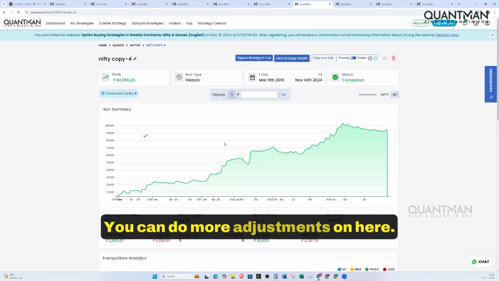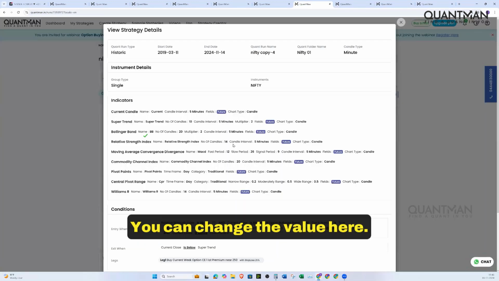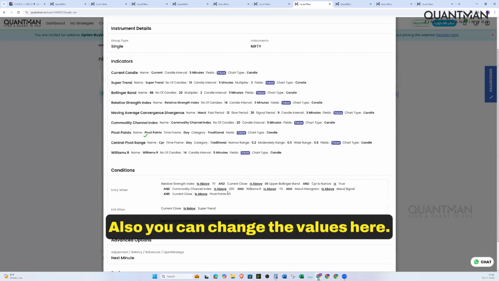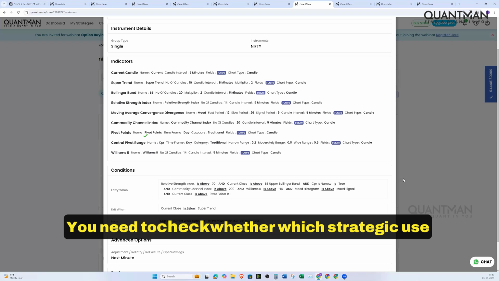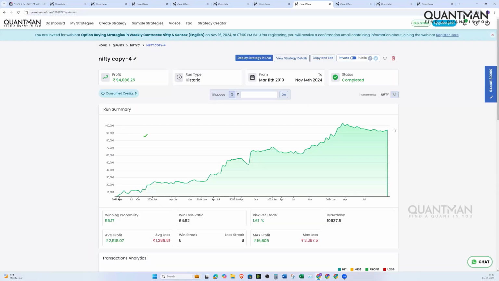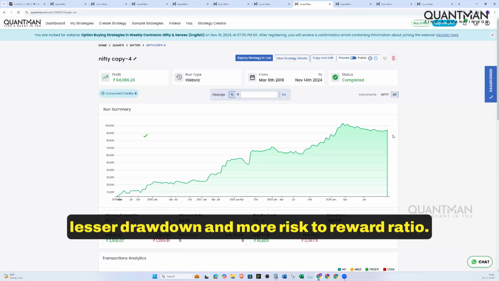You can do more adjustments here. You can change the value here. You can change the time frame here. Also, you can change the values here. So likewise, you need to check which strategy gives higher profit, lesser drawdown, and more risk to reward ratio.